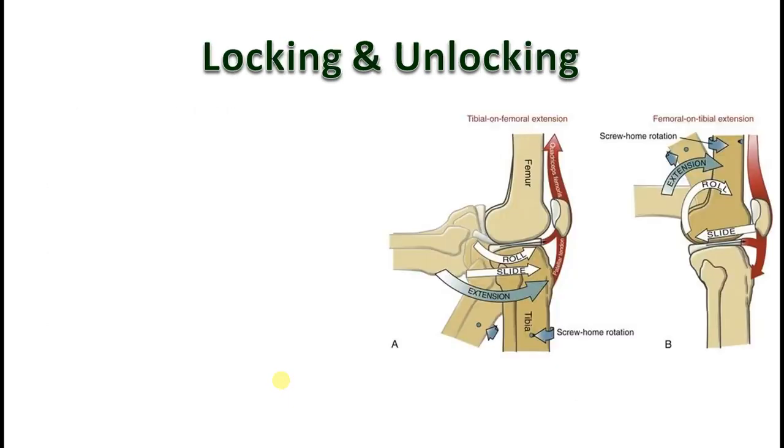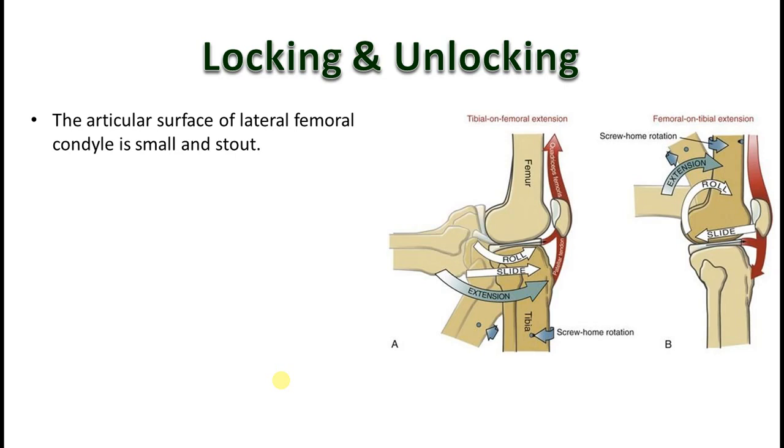Now coming to the locking mechanism of the knee joint, how it actually takes place. Let us first assume that the knee joint is completely flexed. From the flexed position, the knee has to come to the extended position, and rolling and sliding movement takes place.